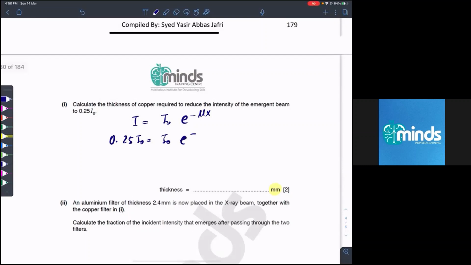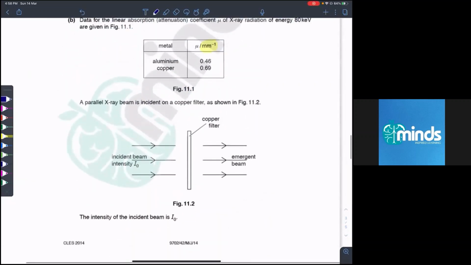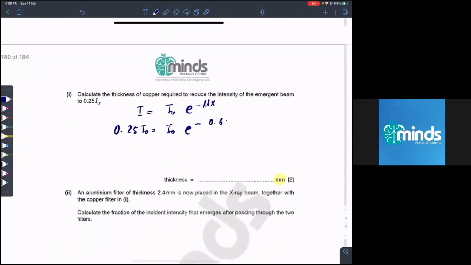E raised to minus mu; for copper, the value of mu is given, which is 0.69, times x. I naught will get cancelled. So we can solve this equation. If we have solved it, may I know what are we getting as x? 2.01. So x is 2.01 millimeter.